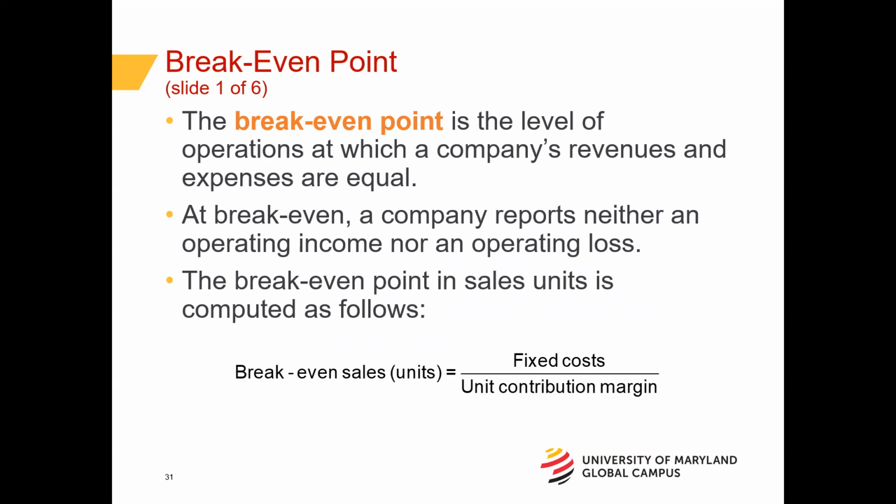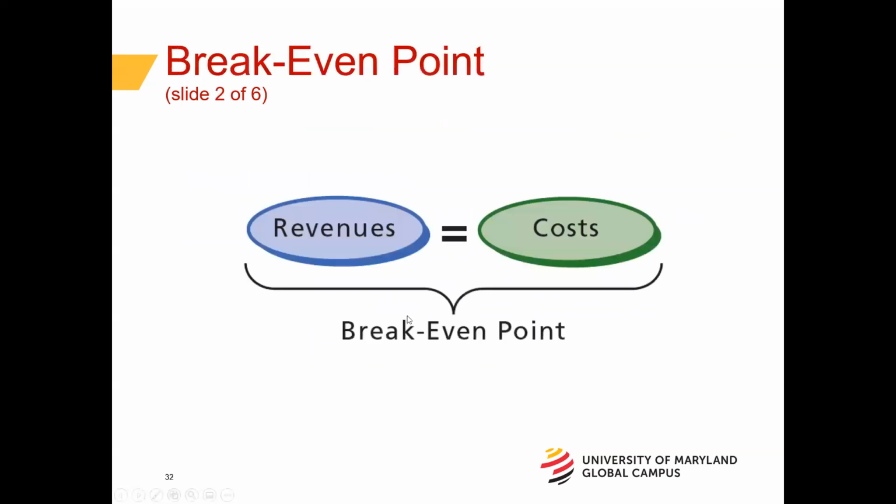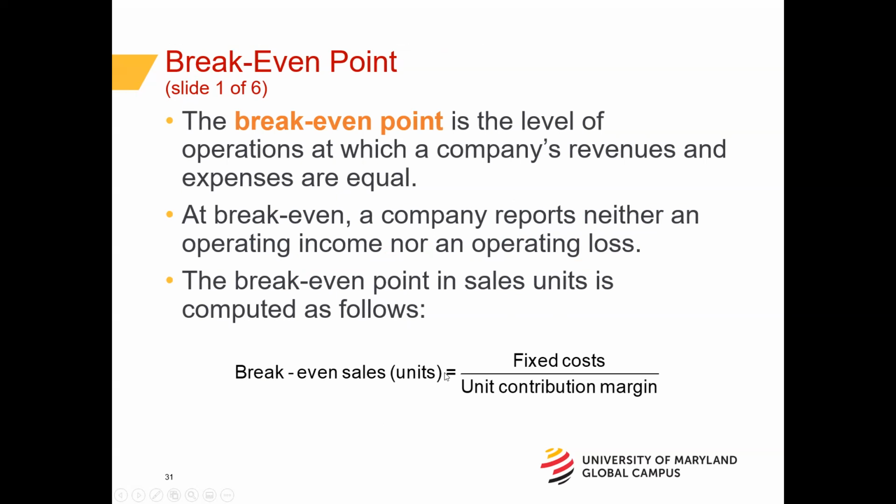To find out, we take our fixed costs divided by our unit contribution margin. In our earlier example, our fixed costs are 300,000 divided by our unit contribution margin of $8 per unit. So 300,000 divided by $8 per unit will give me the number of units I need to sell to break even.